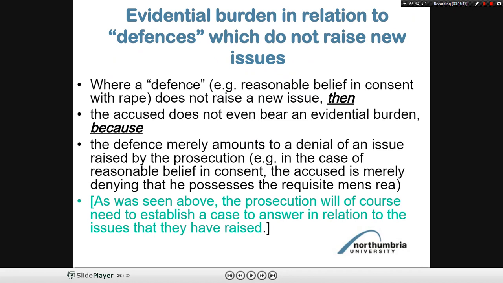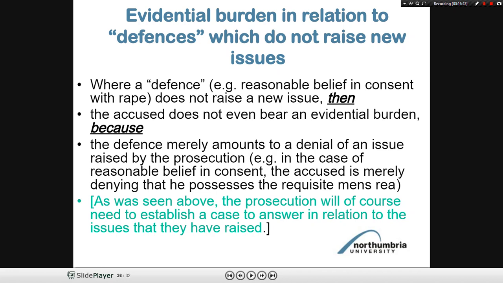And evidential burden in relation to a defense which does not raise a new issue: where a defendant's, for example, reasonable belief in consent to rape does not raise a new issue, then the accused does not even bear an evidential burden, because the defense must merely amount to a denial of an issue raised by the prosecution.